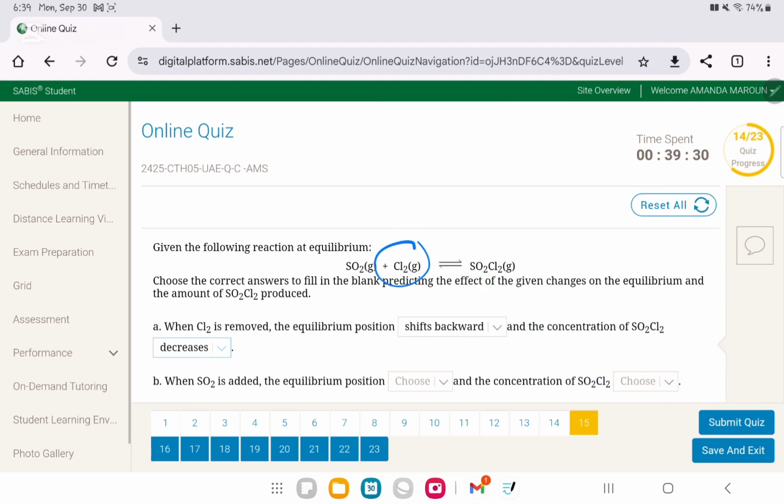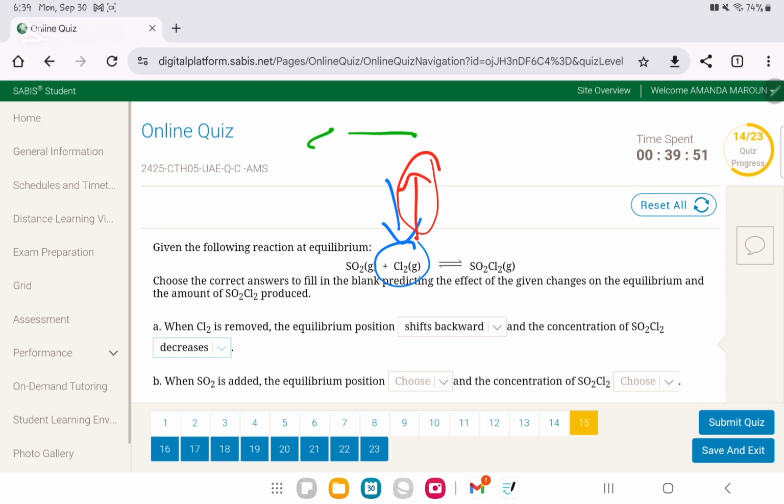We have Cl2, we are removing Cl2, so the concentration is decreasing, but Cl2 will counteract. How will it counteract? It will do the opposite of what we gave it as a command, so it will increase. So now the counteraction is increasing, that means it will move backward.